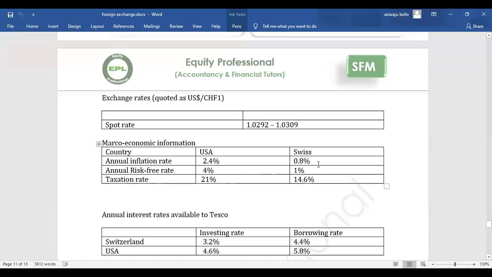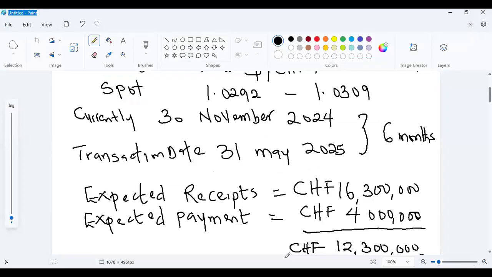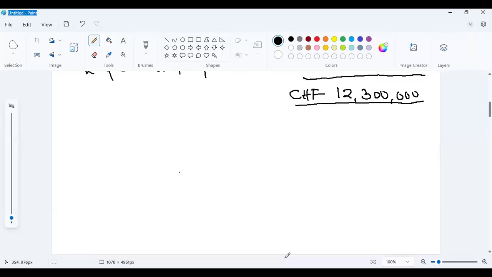Inflation rate in Swiss, 0.8%. And we know the spot rate. We can use this information to estimate the forward rate between the 2 currencies. Let's go to that place. Now I want to hedge with the forward market.